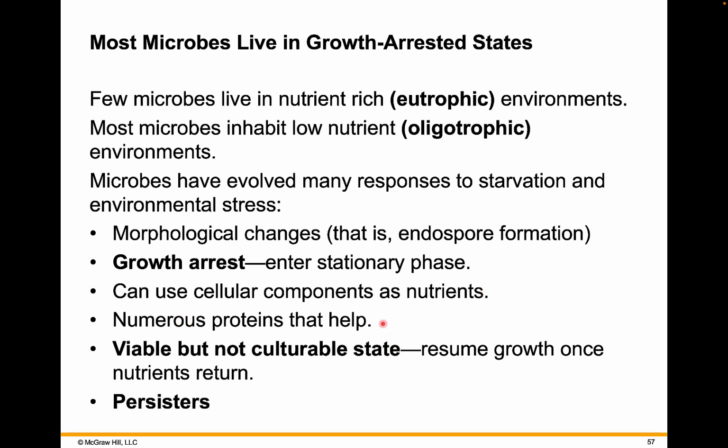And numerous proteins also help them survive starvation in an oligotrophic environment. On the other hand, there is the viable but non-culturable state, which resumes growth once the nutrition returns. And there are also what we call persister cells, which are present in a nutrition-deprived environment.